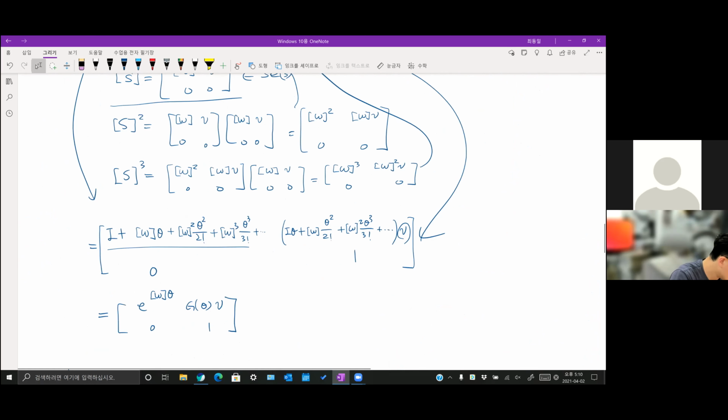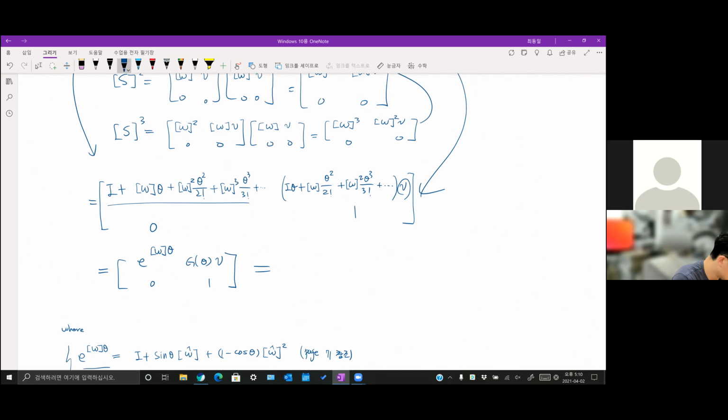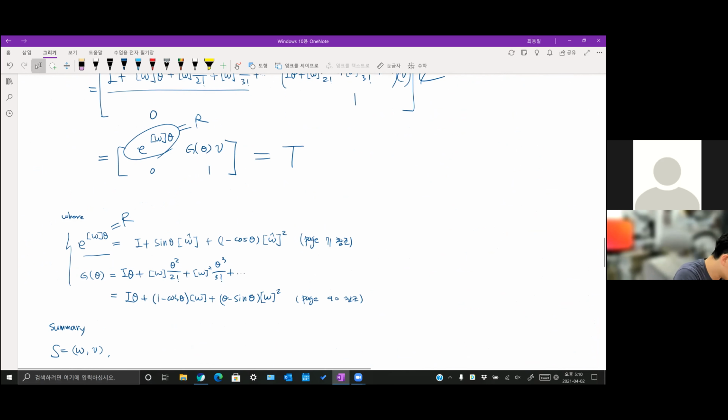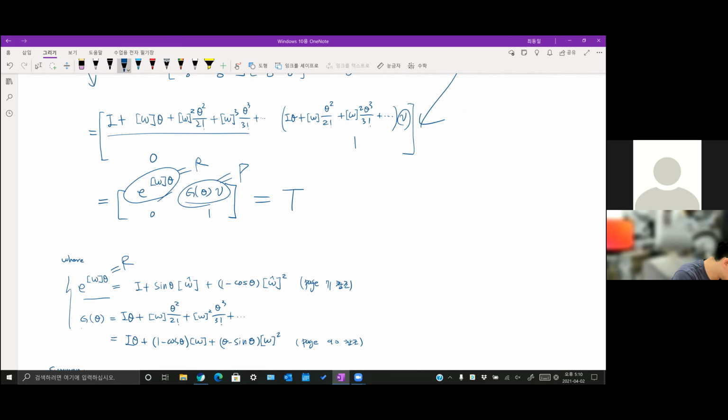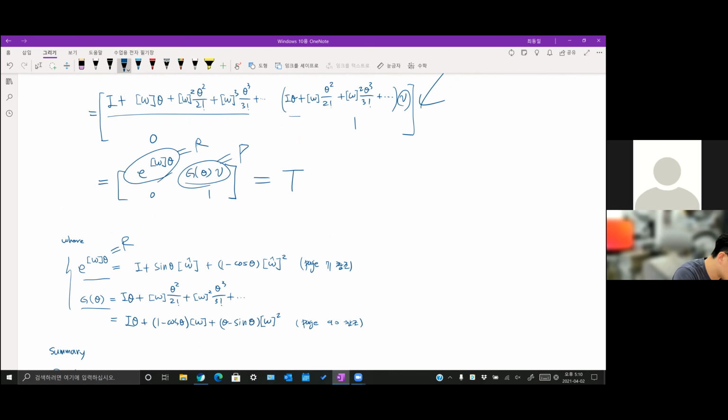Because this equation equals R, and this one is the homogeneous transformation T, it should be a rotation matrix. So this one is the same as the rotation matrix, and this one is equal to P. So this P term is G theta multiplying V. The G theta was this term, and this term can be simplified like this.